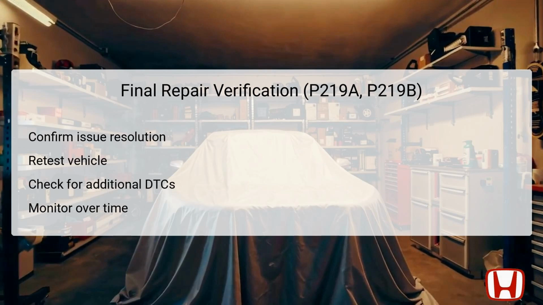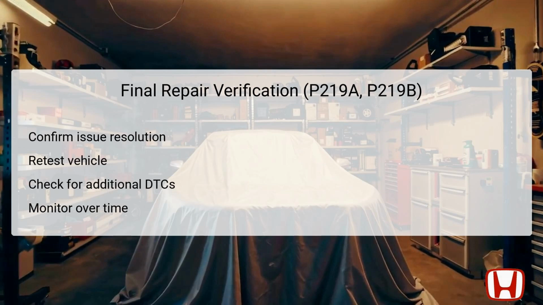After performing the necessary repairs based on previous troubleshooting steps, confirm that the problems are resolved by retesting the vehicle under various conditions. Monitor the vehicle's performance and review the OBD system to check for any remaining or new DTCs, ensuring that none are present before closing out the job.